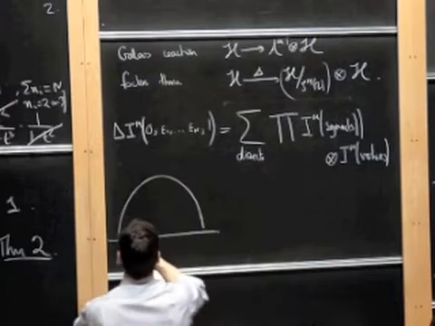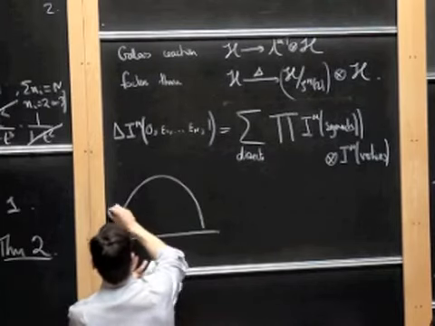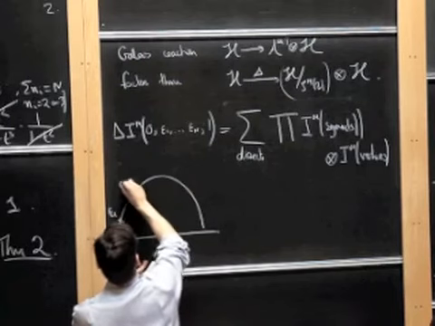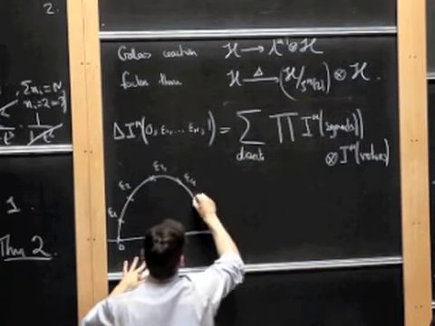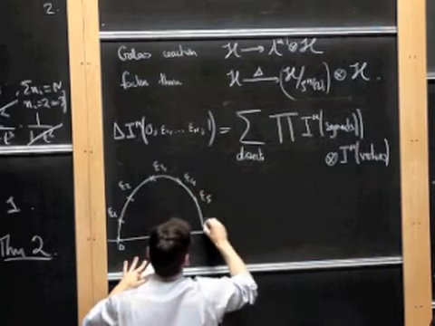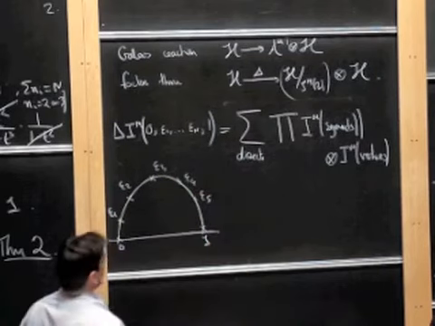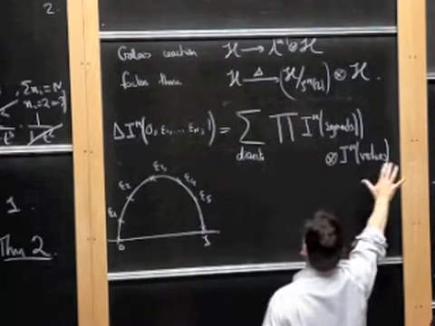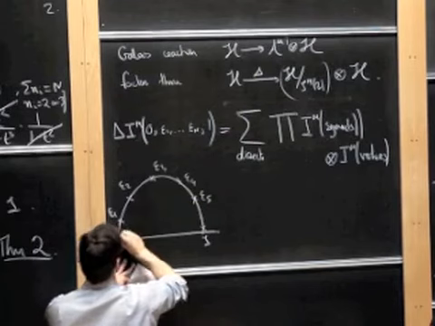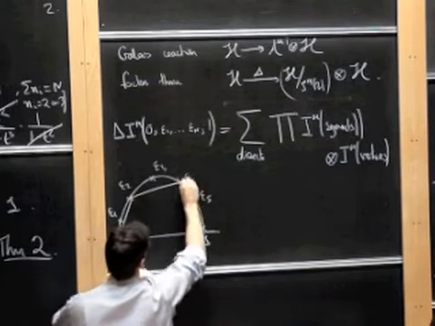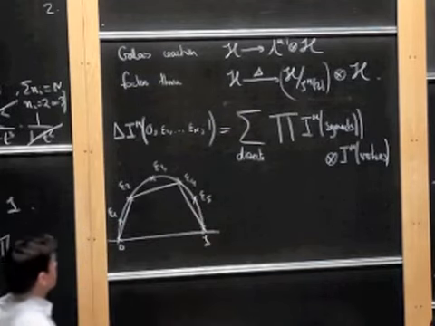You can code this iterated integral by putting points on a semicircle. And every term in this coaction formula corresponds to some inscribed polygon. This one, for example.